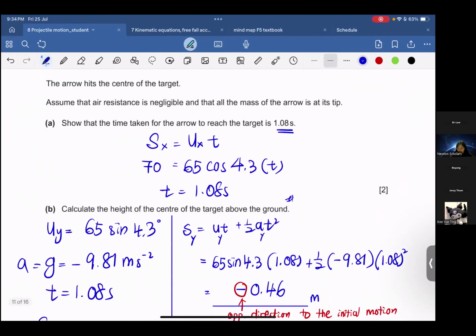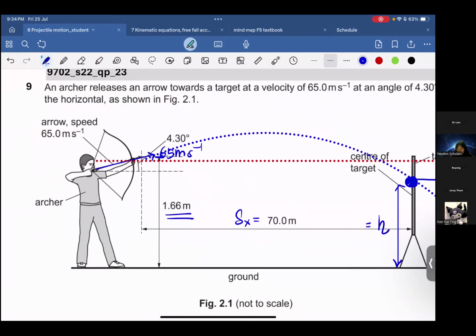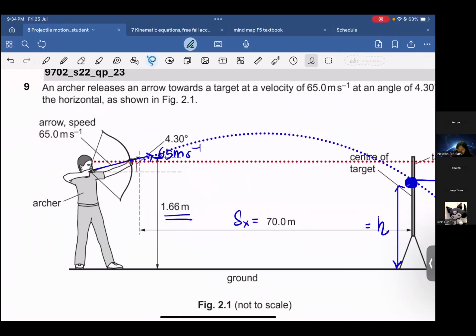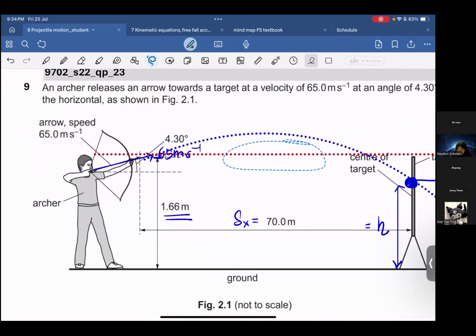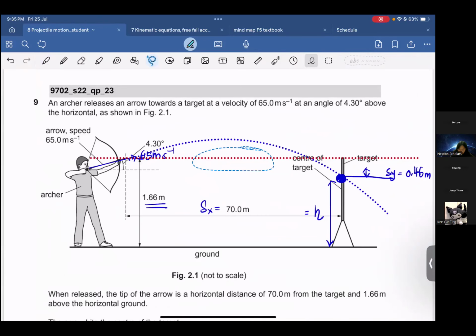The arrow is starting from here. Just now I drew wrongly. The arrow is starting from here. So the horizontal distance is starting from somewhere here, and the distance is going down 0.46 meter.